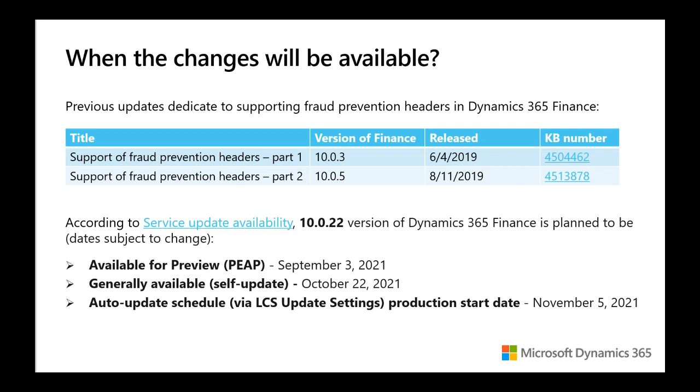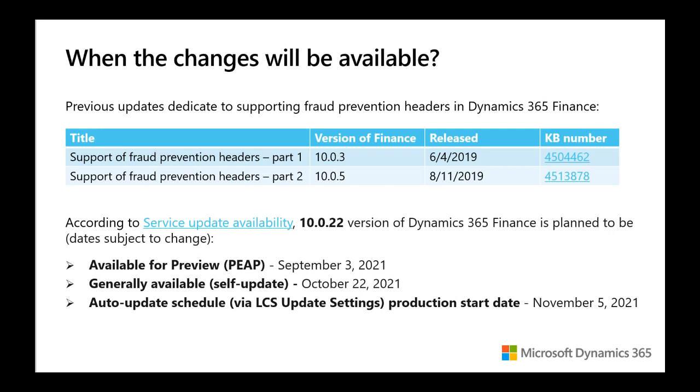According to current plan, version 10.022 is now already available from September 3rd for those companies who are registered as early adopters and participate in the release validation program in PIP.